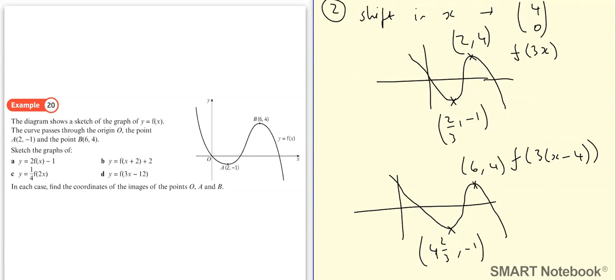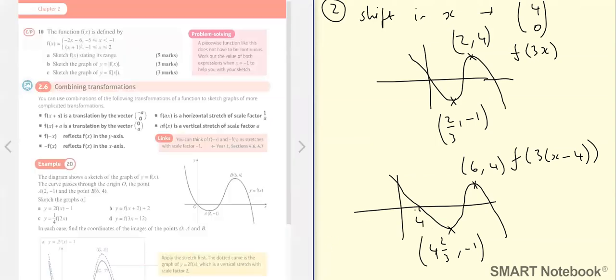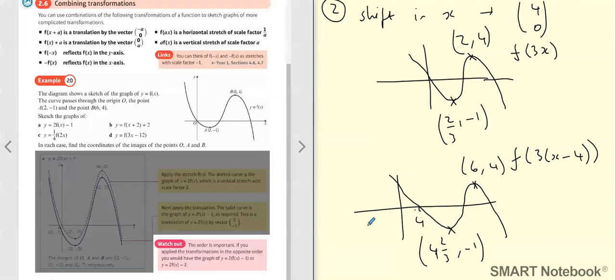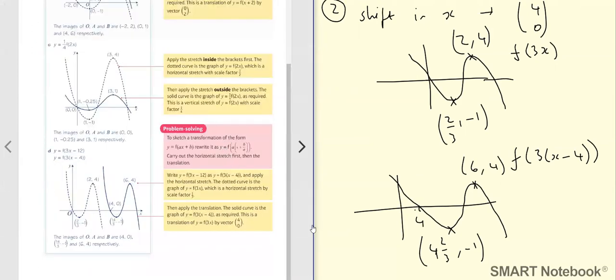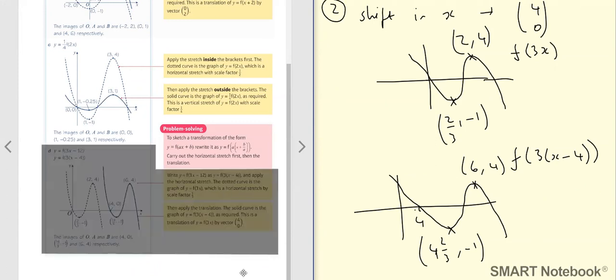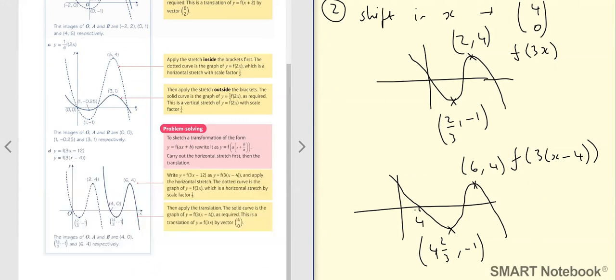So the y values have remained unchanged. This point here, which originally went through the origin, now is 4. And we can check all of these using our answers here. 4 and 2/3 is 14 over 3, by the way, so that's right. Okay, any questions there?